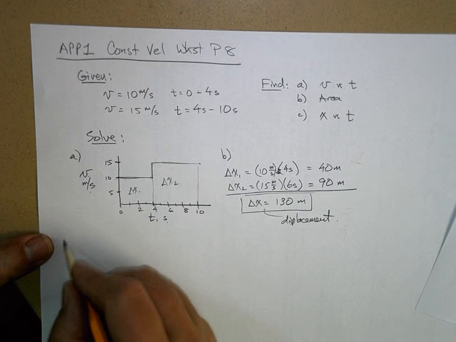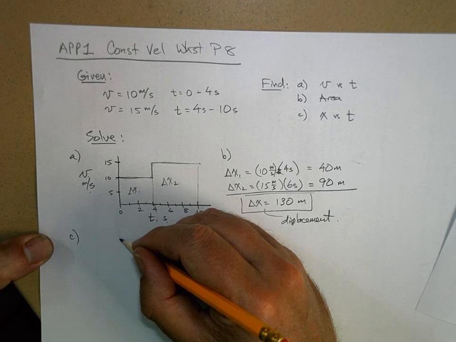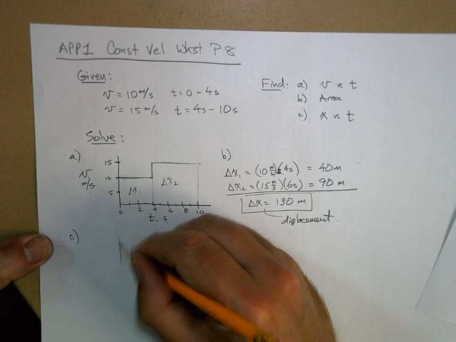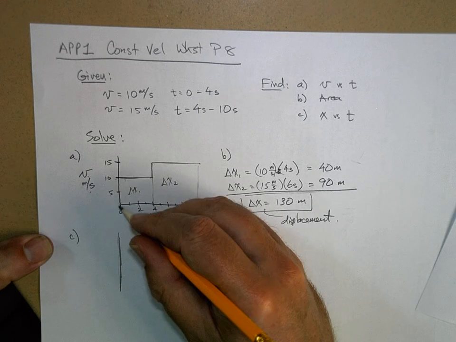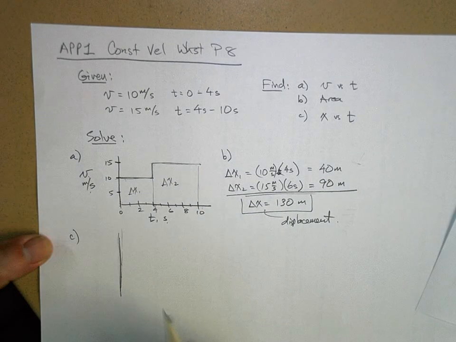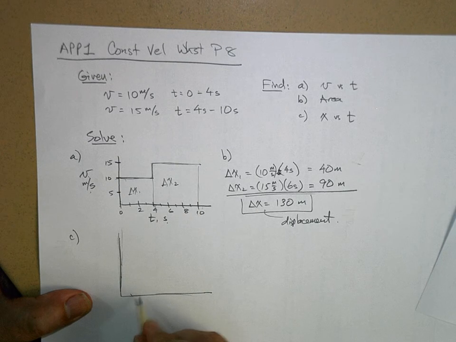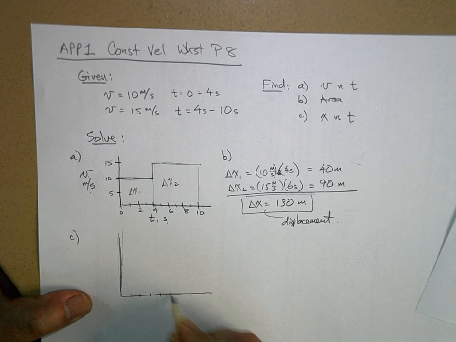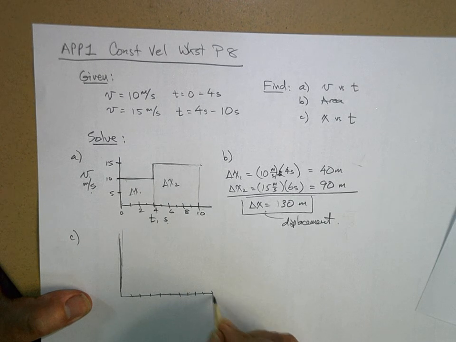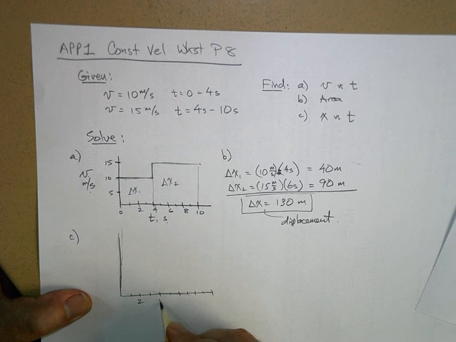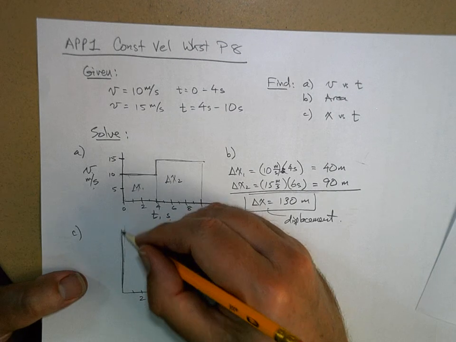Now for part C, I'm going to draw it like this. I'm going to draw this right parallel to this. So 1, 2, 3, 4, 5, 6, 7, 8, 9, 10. And this is going to be position.